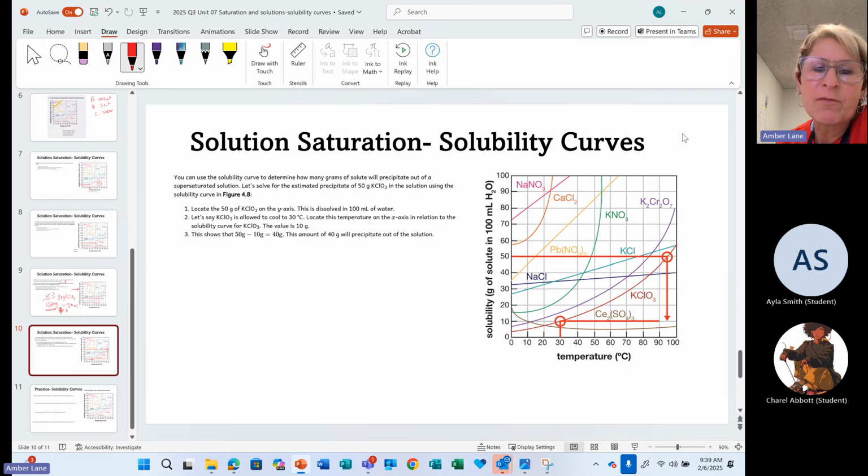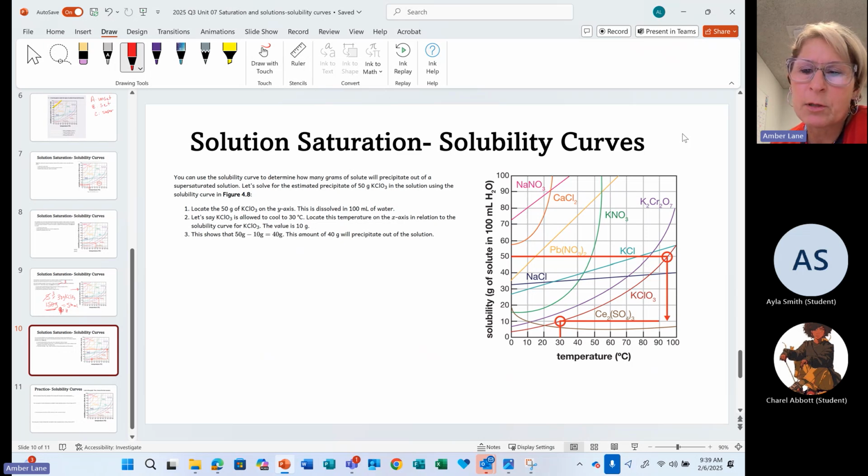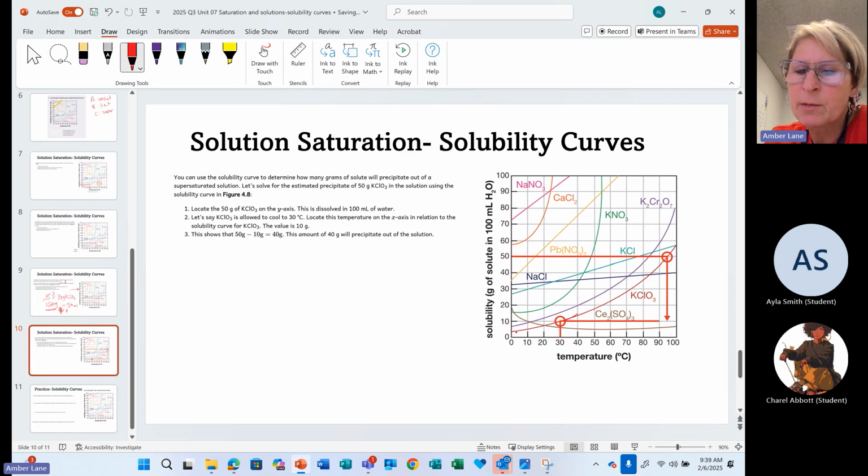So let's solve for the estimated precipitate of 50 grams of potassium chlorate in the solution using the solubility curve. So we're back to our potassium chlorate right here. It says locate the 50 grams of potassium chlorate. So we're going to go 50 grams of potassium chlorate, and go over to our solubility chart.